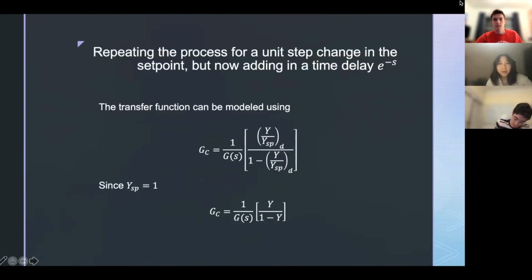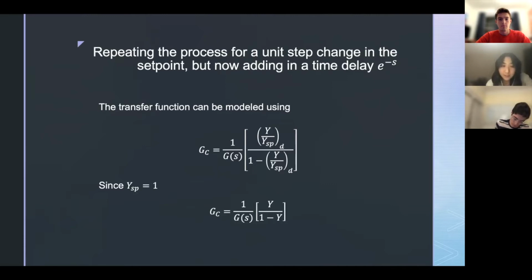Now we're going to repeat the process, but this time we're going to add in a unit step change with a time delay. So we can model the transfer function using GC is equal to 1 over G of S, which is our given transfer function, times Y over Y set point with regards to the delay, over 1 minus Y over YSP with the delay.